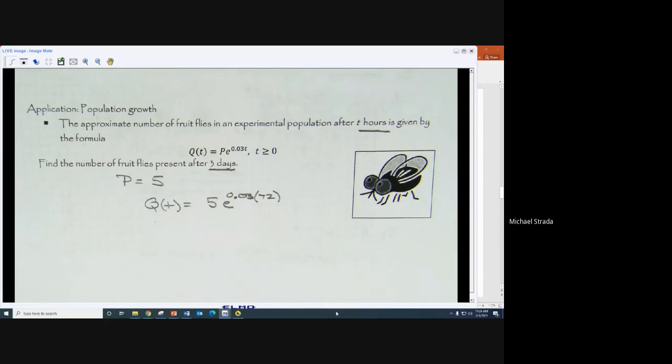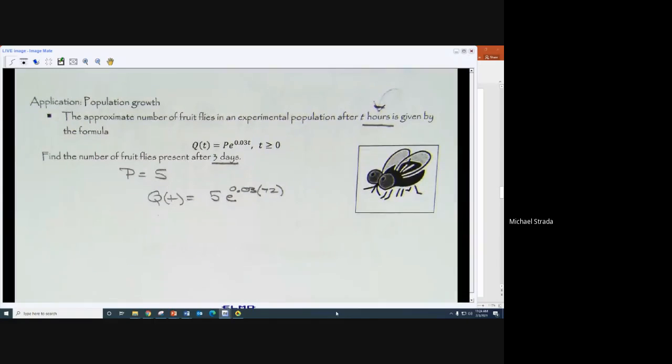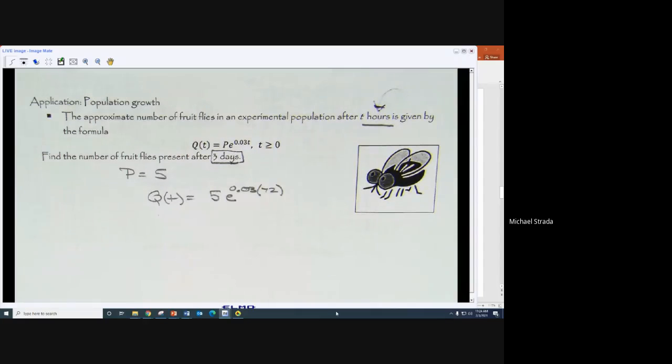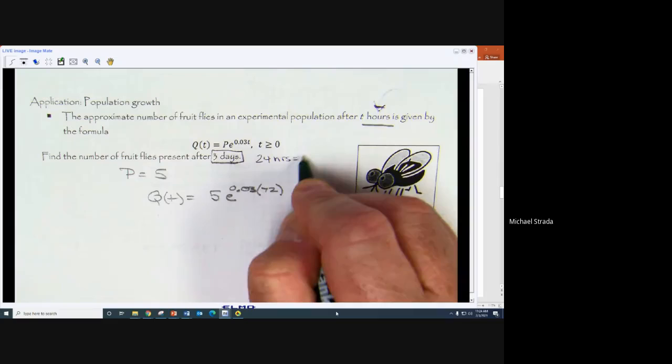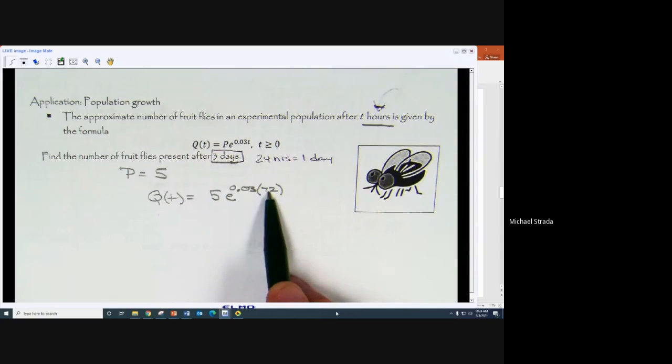Find the number of fruit flies present after 3 days. Notice the formula is given in hours, however the question is asking about days. It is assumed you know there are 24 hours in a day, so in 3 days, it would be 72 hours.